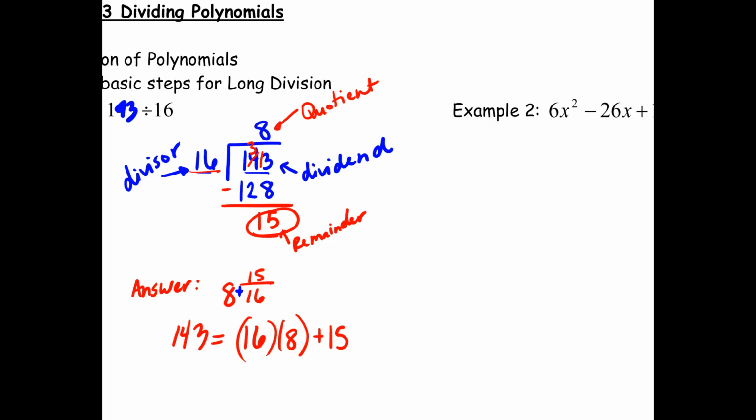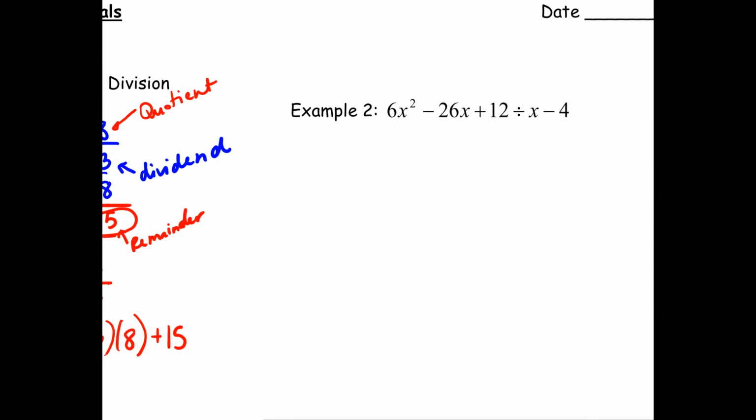Okay, now let's go ahead and take a look at example 2, how we can do this with two sets of polynomials. You guys have seen that when you have a polynomial in factored form, it's really nice to graph. So our goal in lesson 3.3 is to be able to take any polynomial and factor it down, and long division is one of the tools that will be available to us to factor it down so that we can go ahead and graph it quickly and see features of the graph.